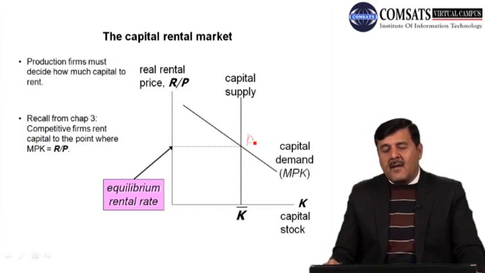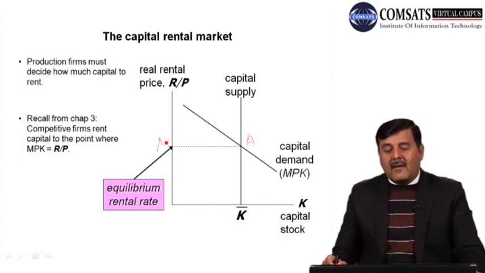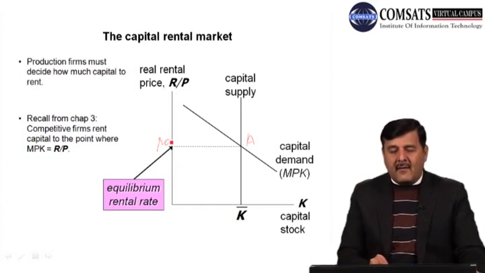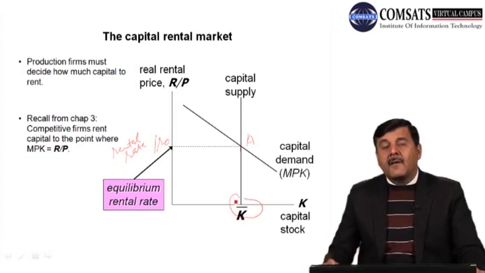Now this determines the equilibrium rental rate in the economy. Suppose this is R naught, the rental rate. At this rental rate, this is the demand and supply of capital.